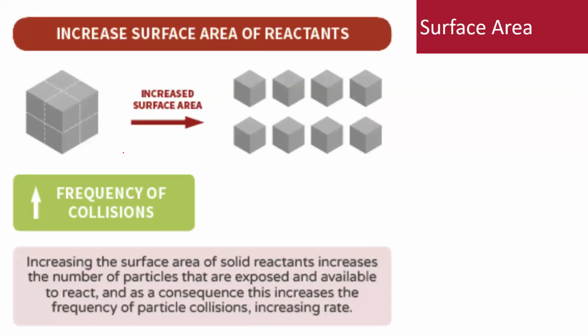If you increase the surface area, I'm just going to do a quick little surface area sum. That block on the left-hand side is 2 centimeters by 2 centimeters by 2 centimeters.